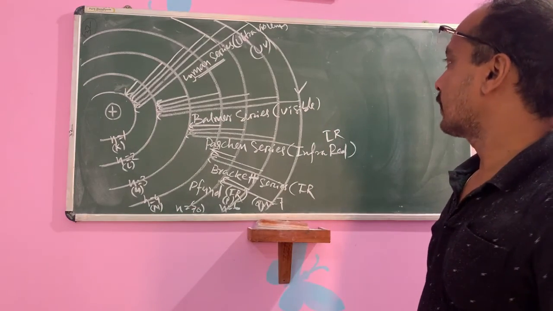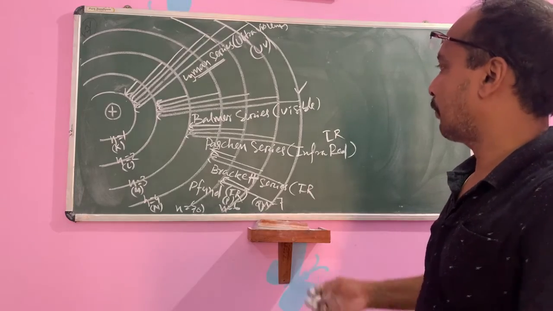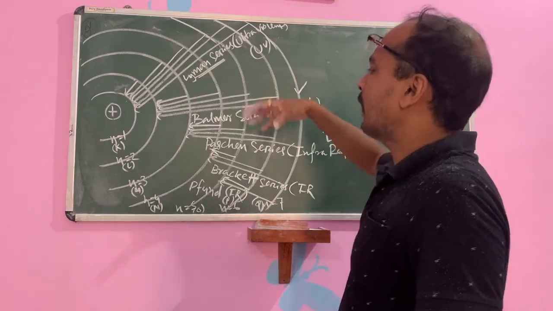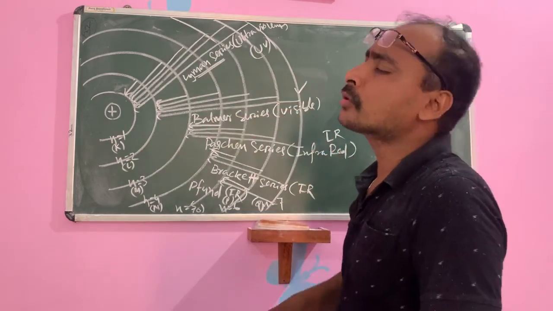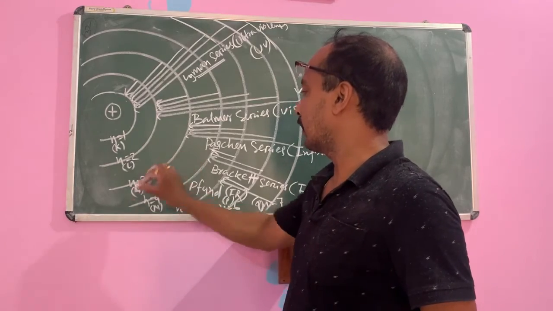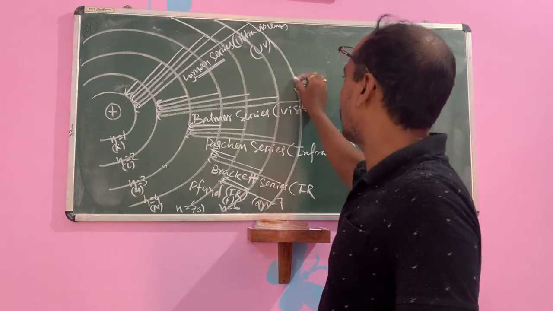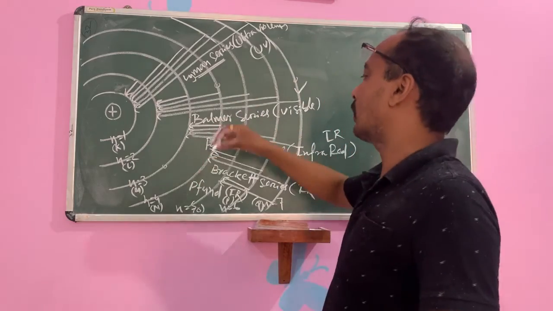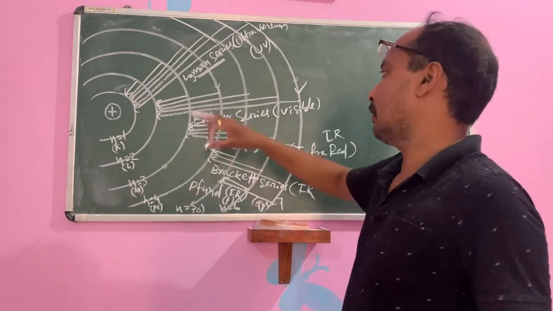So this series means packets of radiations: Lyman, Balmer, Paschen. So many hydrogen atoms: for one hydrogen atom, the electron is at n3; for another hydrogen atom, the electron is here; for another, here; for another, the same.